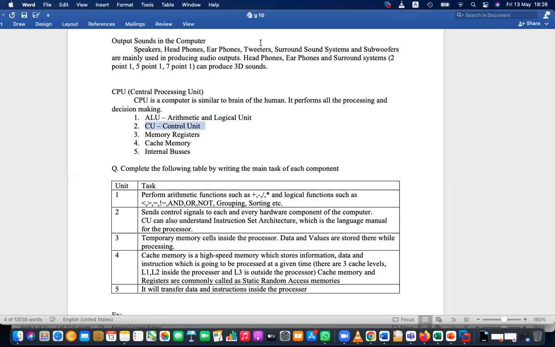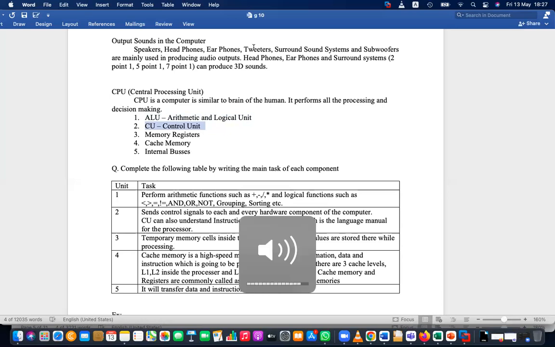What a traffic police does at a junction is basically signaling others and instructing what to do. Similar tasks are done by the CU. CU is signaling all the components in your computer and letting things happen.